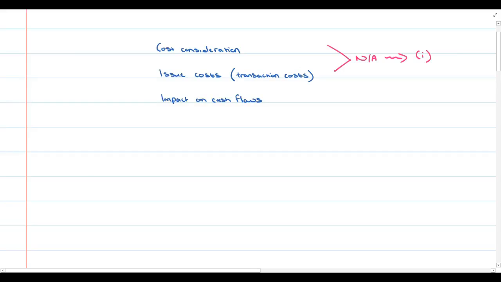Then the next heading that we need to consider is matching or suitability. What we are trying to do here is match cash inflows with cash outflows. Or in other words, they need to make sure that the cash inflows are sufficient to cover cash outflows.